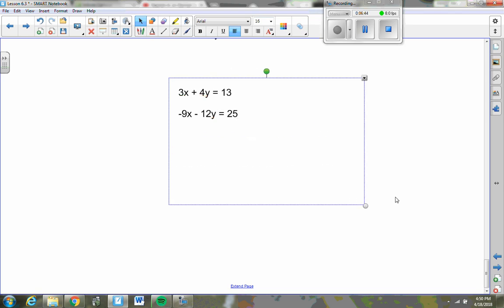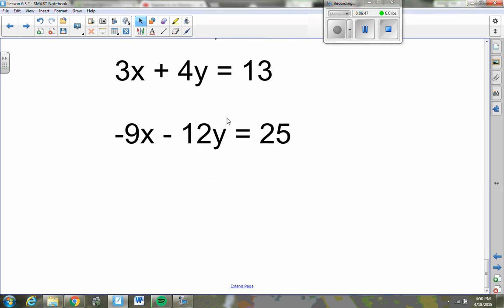This system of equations here. 3x plus 4y equals 13, and negative 9x minus 12y equals 25.